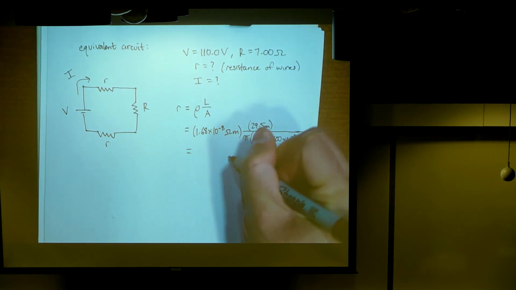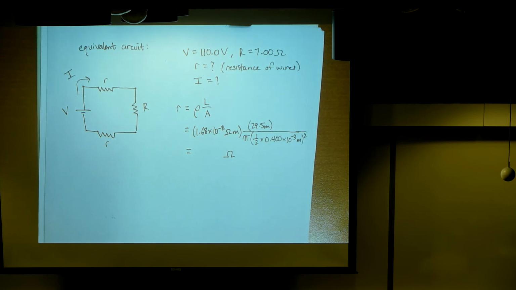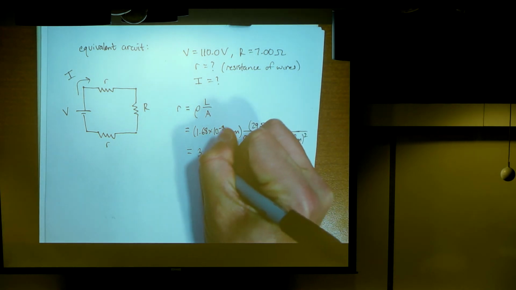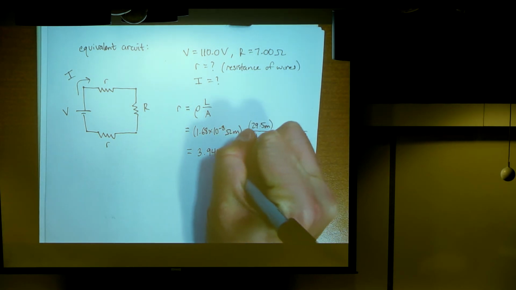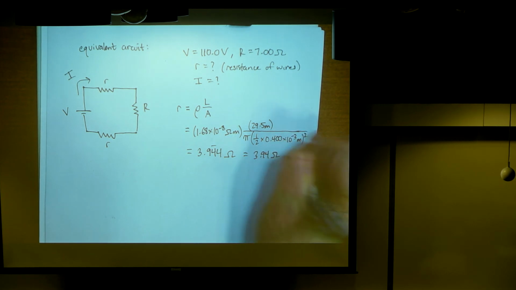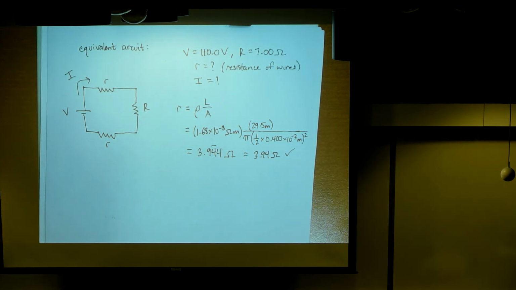This is going to give us a resistance measured in ohms. What is that resistance? So yes, this comes out to 3.944. Round that to 3.94 ohms. Do we agree? Okay.